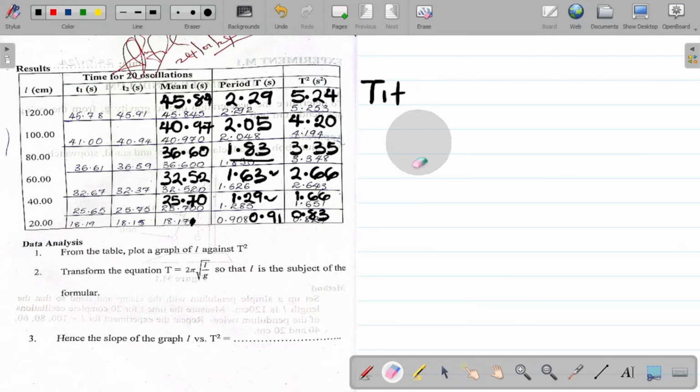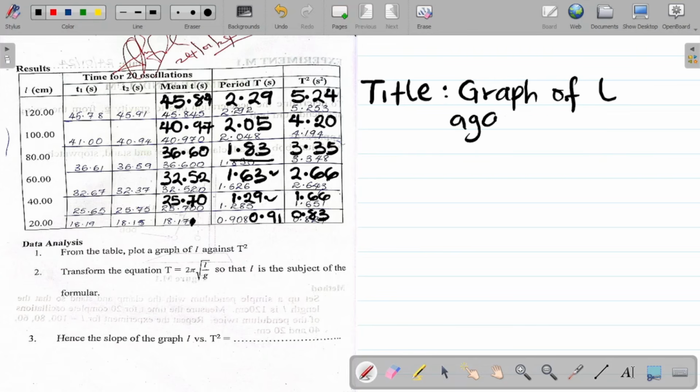So the title is graph of L against T squared.